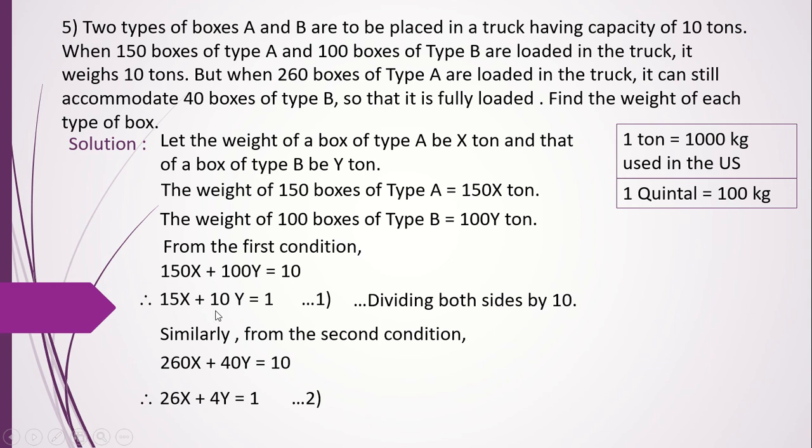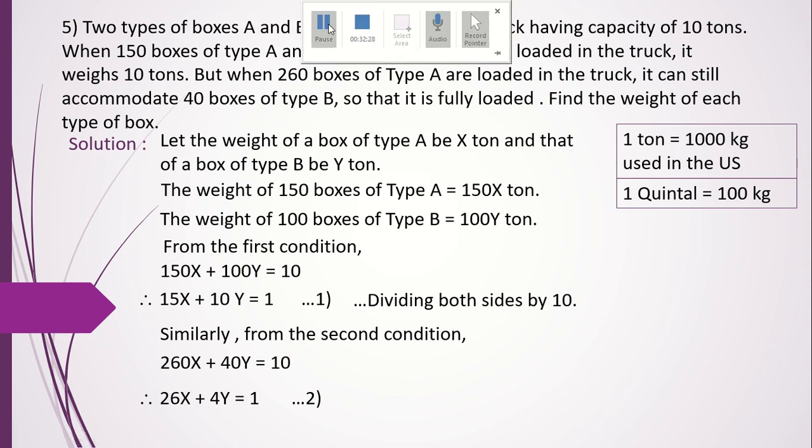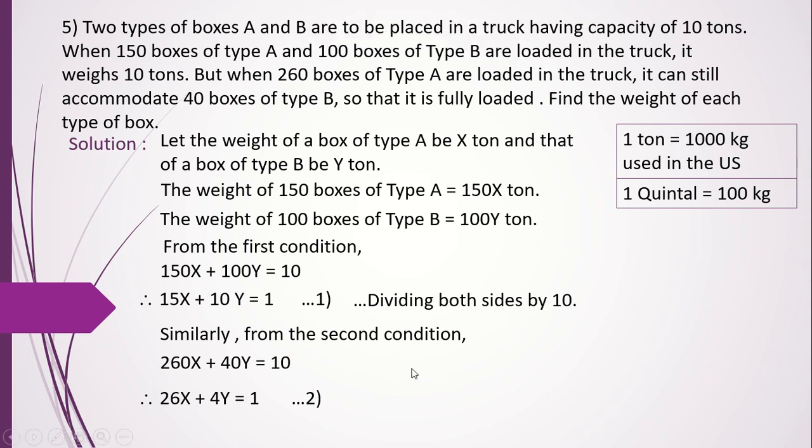So here this is my equation number 1. 15x plus 10y is equal to 1 and 26x plus 4y is equal to 1. These are the two equations that I've got. Let me write on this slide also so that you follow exactly what is happening.